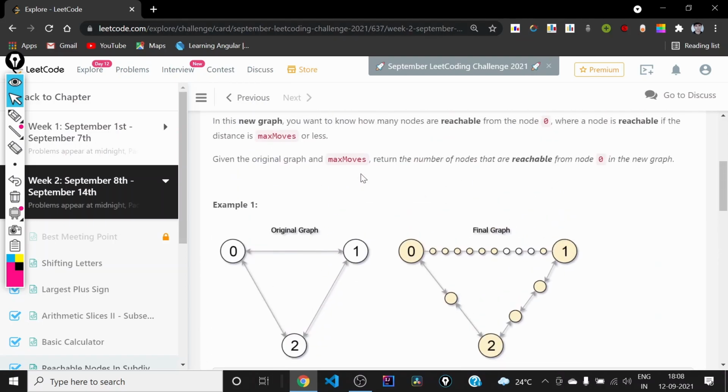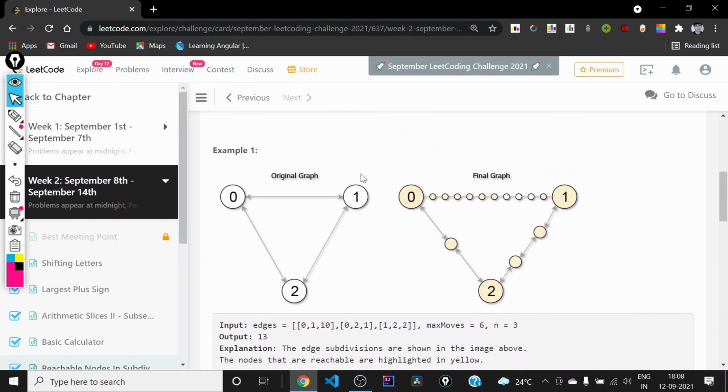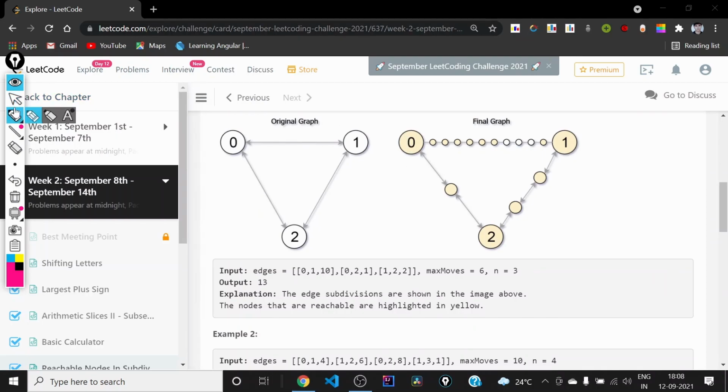So the idea to solve this problem will be to first find the distance of every original node from node number 0.